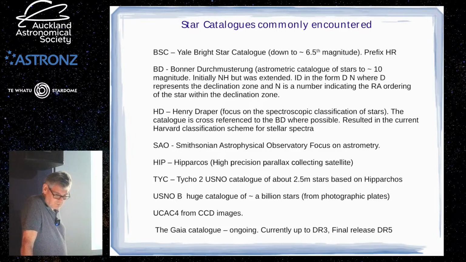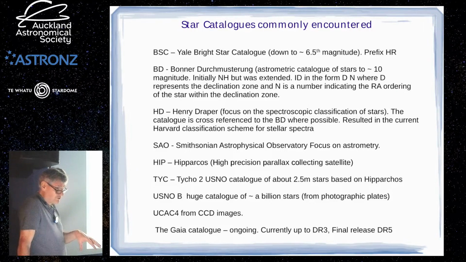The Henry Draper one is actually related to what we were talking about before, spectral classes. The Harvard University project that Annie Cannon and Williamina Fleming and others were involved with was the first photographic catalogue that used spectra. Harvard University did an all-sky survey where they collected stellar spectra and other information using photography.